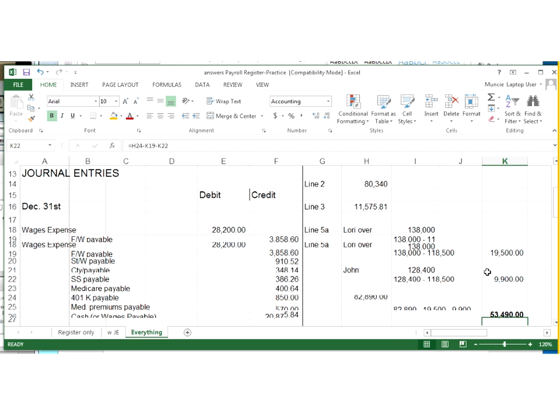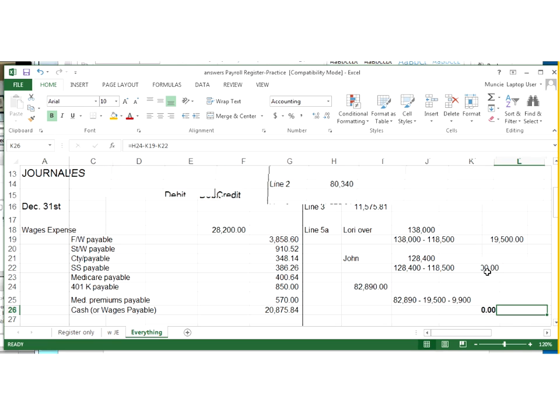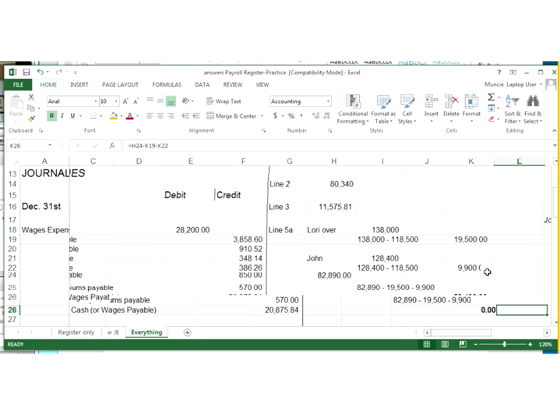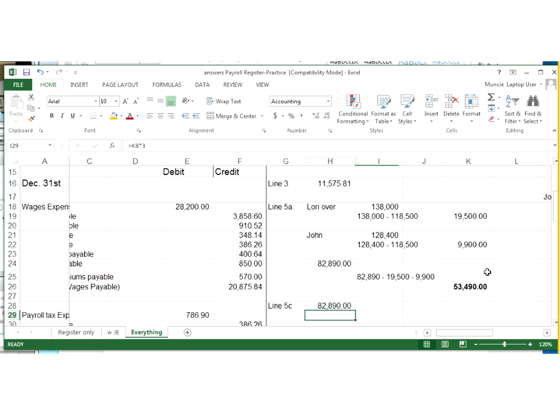And when I subtract that from the $82,890, I'm left with how much was actually taxable for Social Security, line 5A. And then simply take this line 5A times what they tell you on the sheet, times 0.124. That's the employee and the employer's portion double.